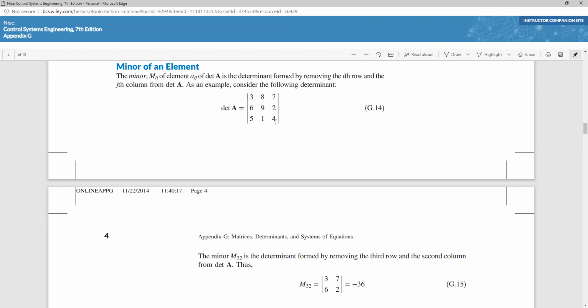Removing the third row and the second column, M32 means this one.